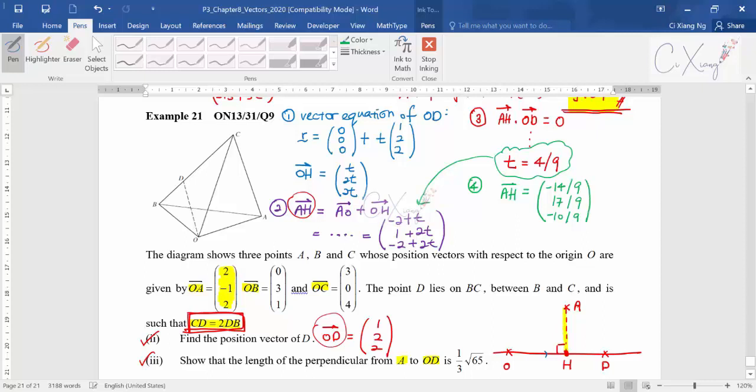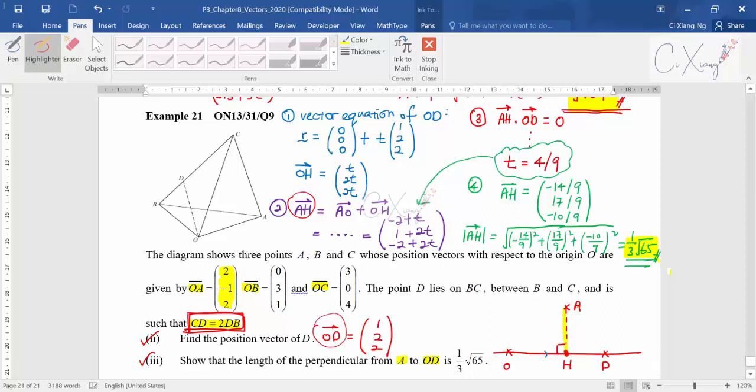Then you try to figure out the magnitude of AH. I think very easily you will get the answer. This one will be the square root of (negative 14 over 9) squared plus (17 over 9) squared plus (negative 10 over 9) squared. You should get the correct answer, which is 1 over 3 square root 65. So these are the steps for method number 1.